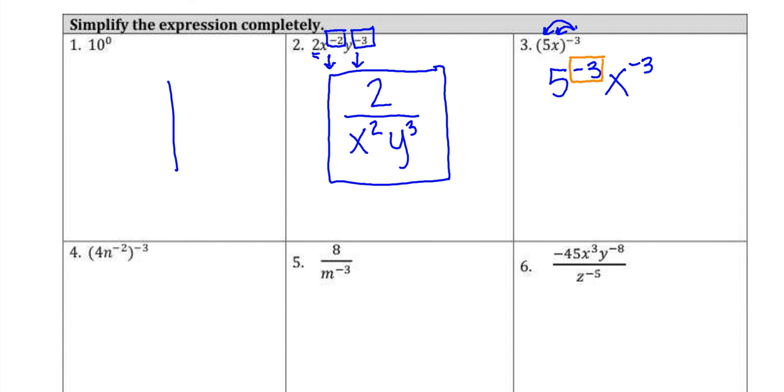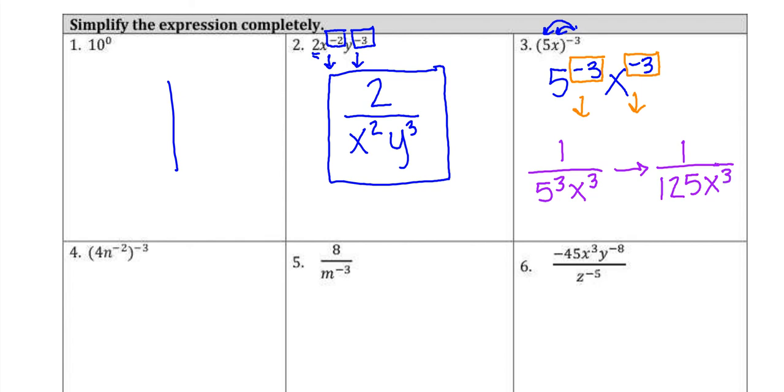So I'm going to box both of those, and I know they're both going to need to move down to make them happy. So I'm going to have 1 over 5 cubed x cubed. If we now simplify it, we get 1 over 125x cubed. Remember to always simplify your numbers.